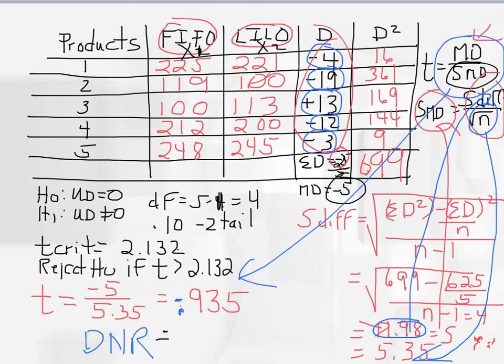The mean difference was $5 million less under the last in, last out method. However, that $5 million is due to sampling error. You would think that, well, $5 million less, that's a lot. It's due to sampling error because we needed a statistic greater than 2.132 to reject the null, and we got 0.935.